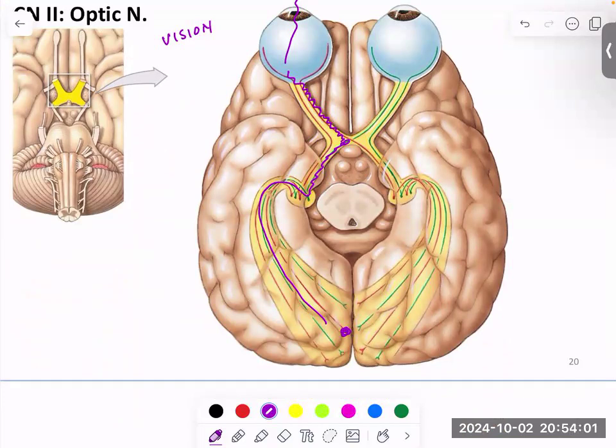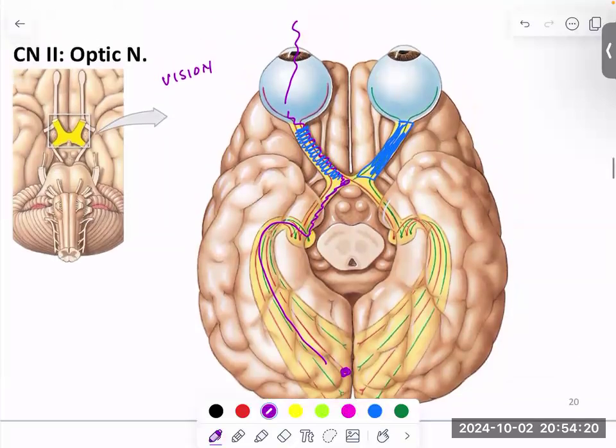That's how the light information gets to the back of your head so you can see. The optic nerve is only this one on both sides, just that track. It's responsible for vision. This one, sensory only.